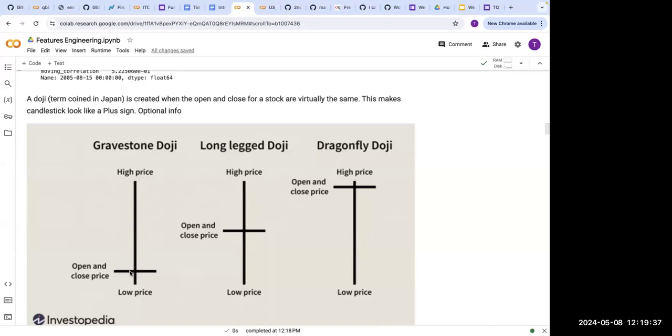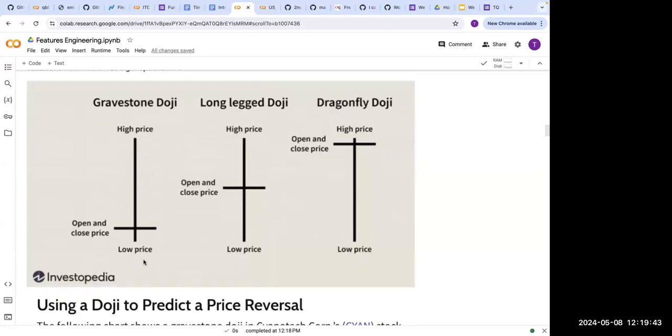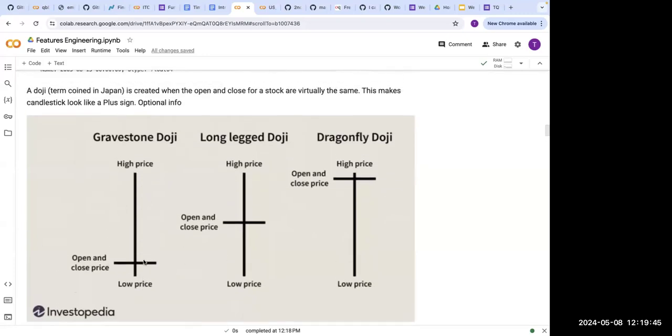If you remember our candlestick charts from lecture 1 itself, we talked about these symbols where the lines represent how high the stock went. So this part here is the high price on the top. On the left, you will have the open price. On the right, you will have the close price. And on the bottom, you have the lowest price, right?